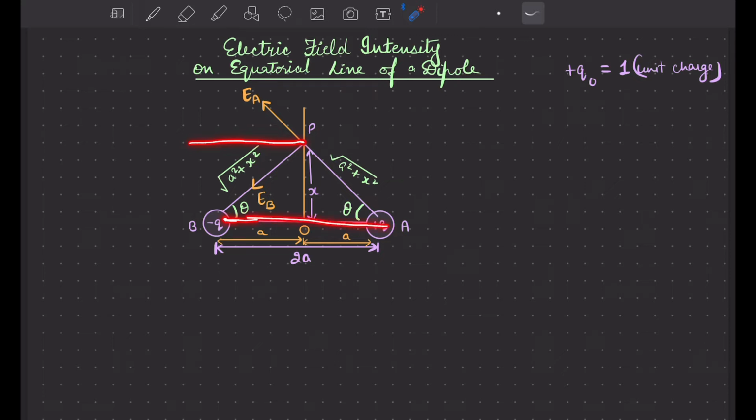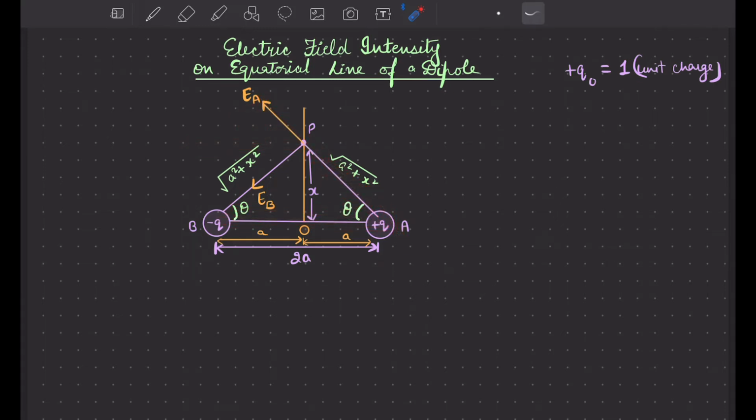A line parallel to AB is lying along this direction. If this is angle theta and this is a transversal, then we have this angle as theta.